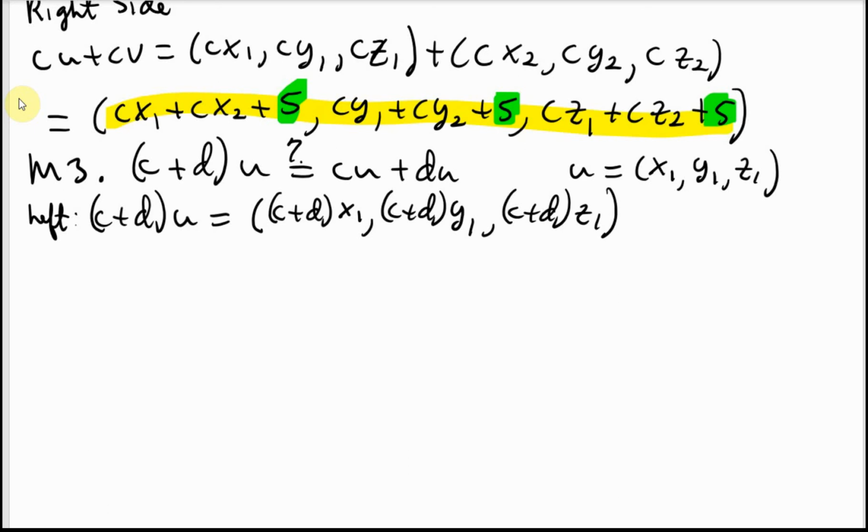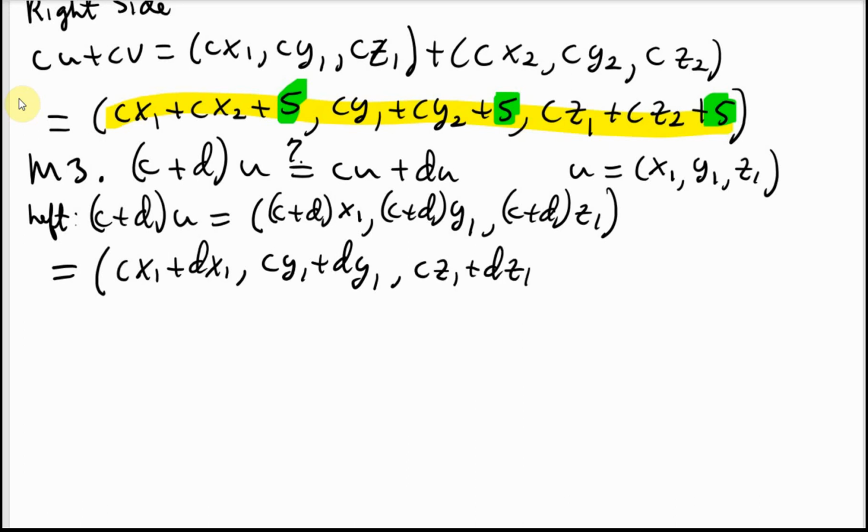This is the left side. So this is c x sub 1 plus d x sub 1, comma, c y sub 1 plus d y sub 1, comma, c z sub 1 plus d z sub 1.